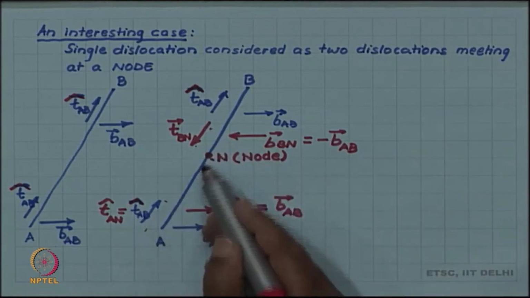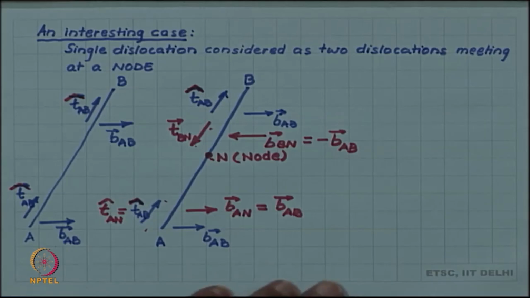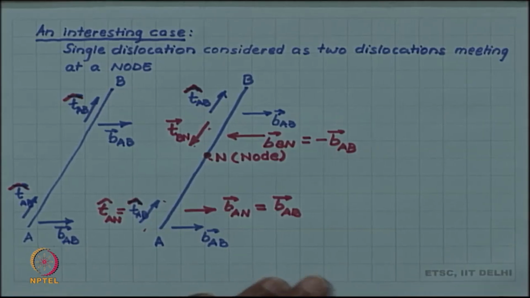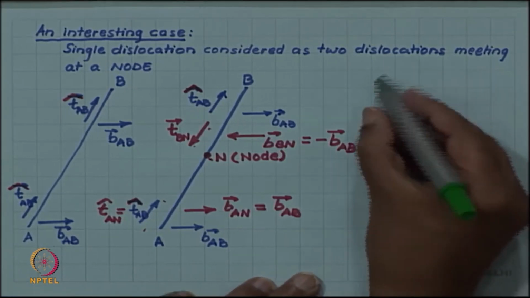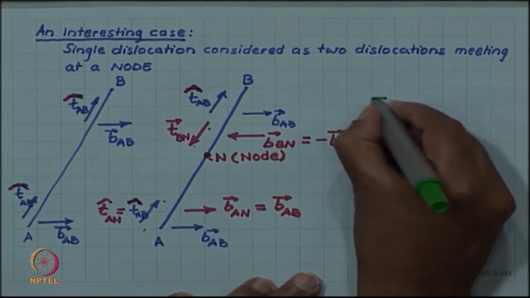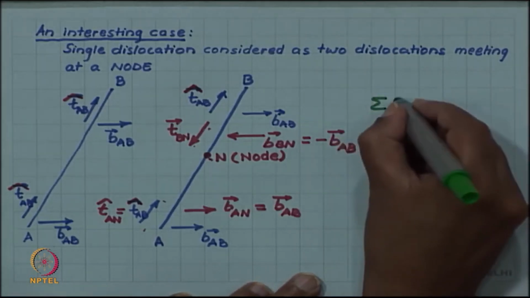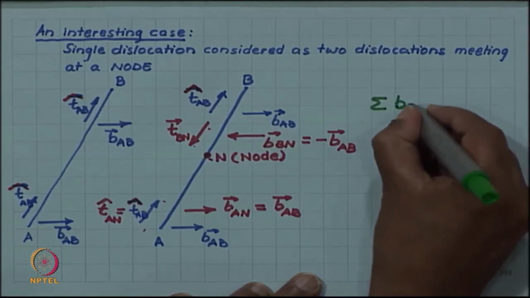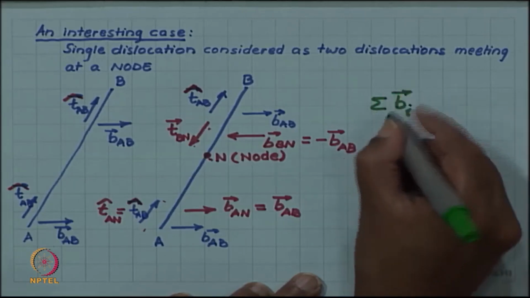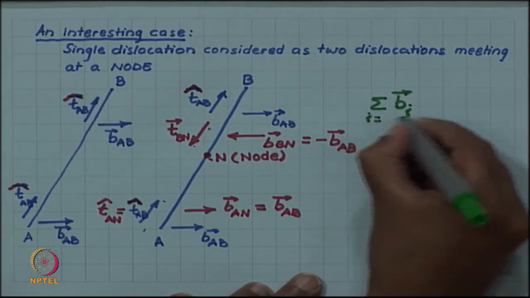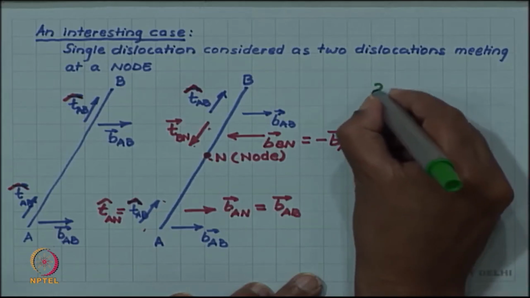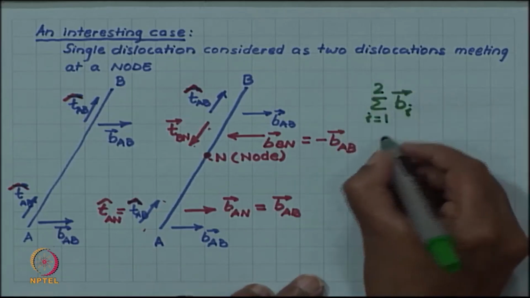AN already points to the node. Now you can apply Frank's rule. The sum of all the Burgers vectors at the node, and here there are only two dislocations, so I have two Burgers vectors, which I add.